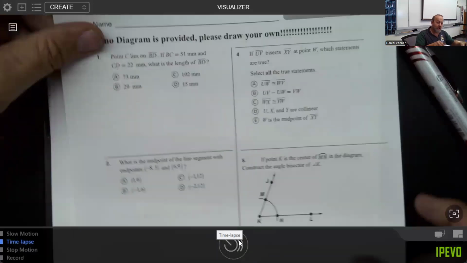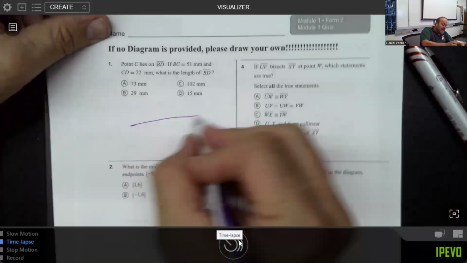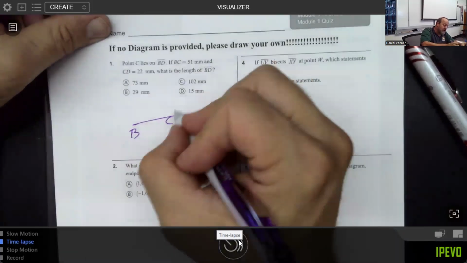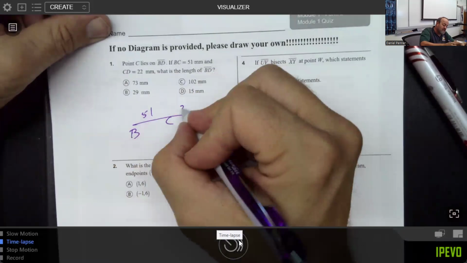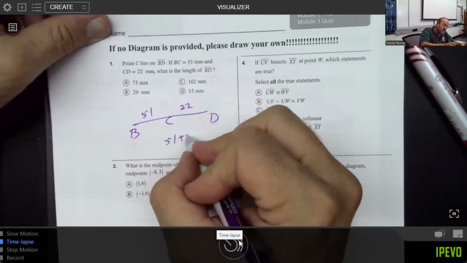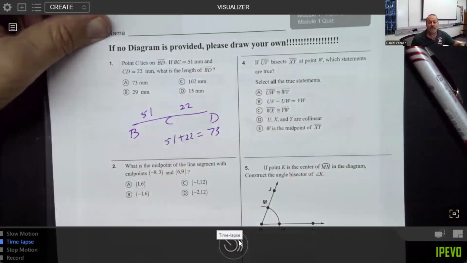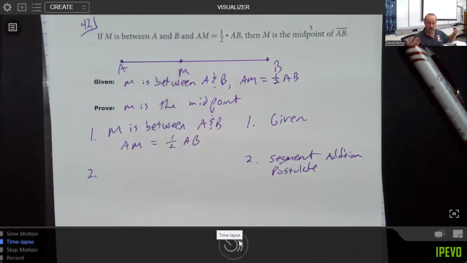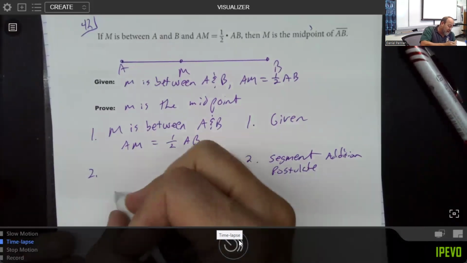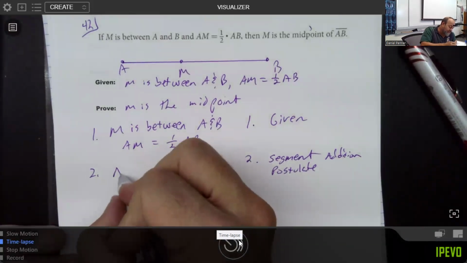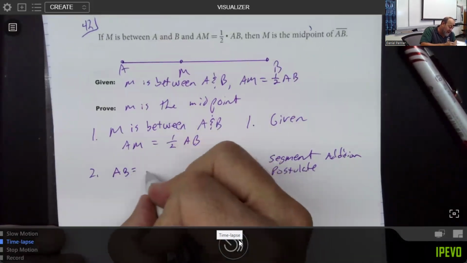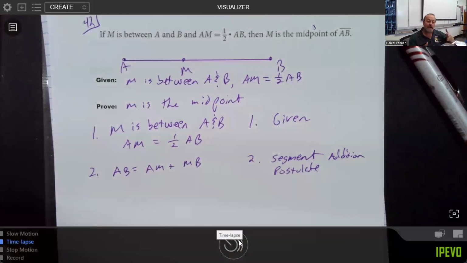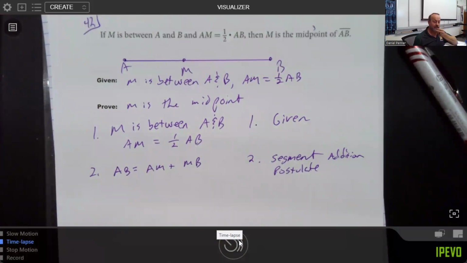See, on this quiz, segment C lies on BD, and we said one side was 51, this was 22, and you were supposed to come up with the number 73, that the left side plus the right side is the whole thing. Well, that's what I'm going to do in our story. If I were to take AB, that would be AM plus MB. The segment addition postulate allows me to do that.